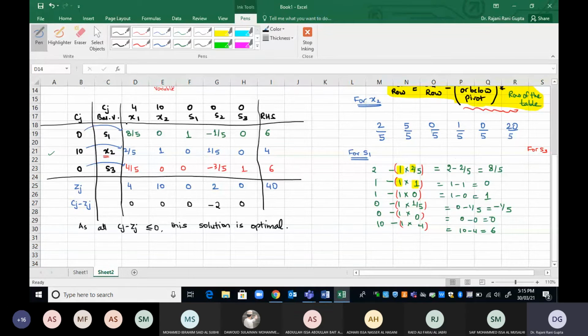So we say that the solution is x2 is equal to 4. What about x1? You see x1 here? There is no x1 in the final table, so its value is 0. Okay. S1: the value of S1 is on the right hand side, 6.